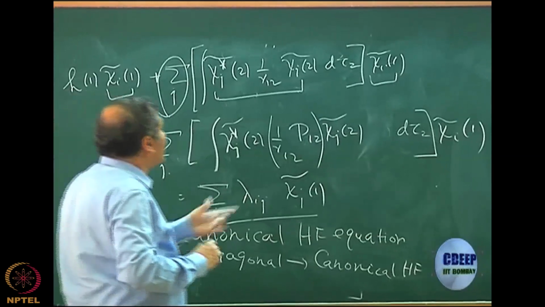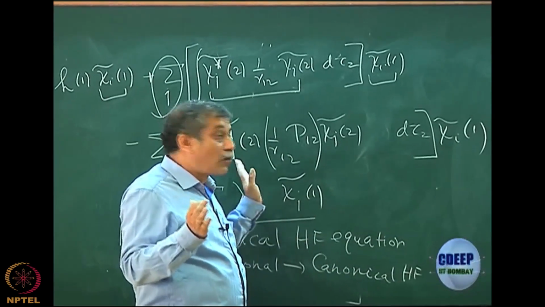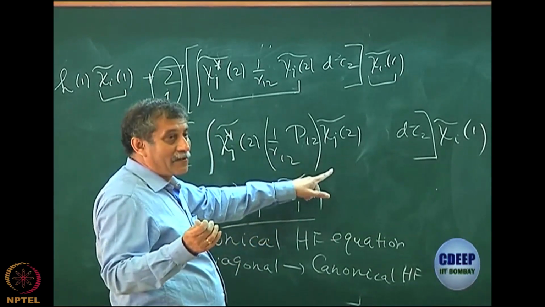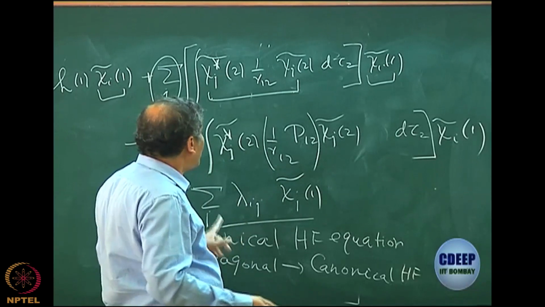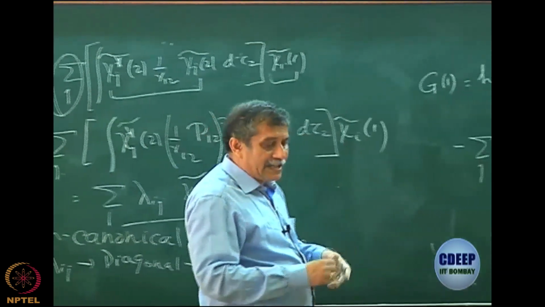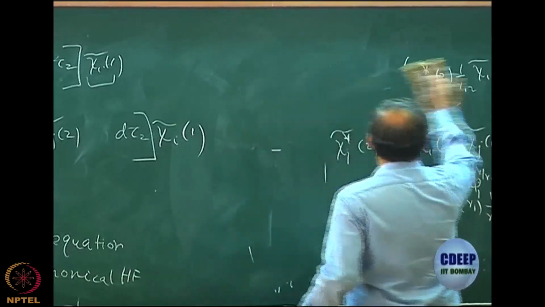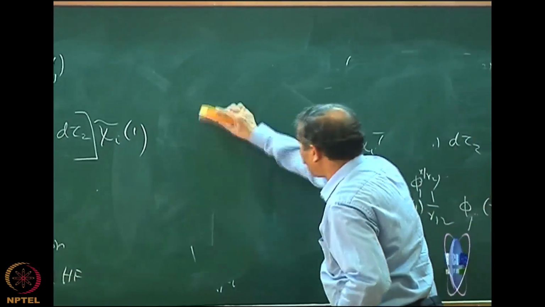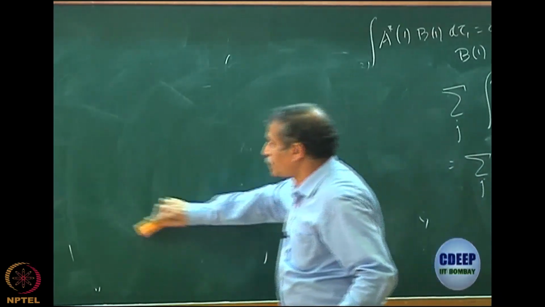For the exchange part, it is actually 1 by R12 P12. That is all I am saying, only if you want to interpret. But that interpretation is up to you, the physical interpretation. But if I write it like this, then I can immediately write the Hartree-Fock equation in a nicer form. Okay, it's all about writing a nicer form. All are right. The original one was right.